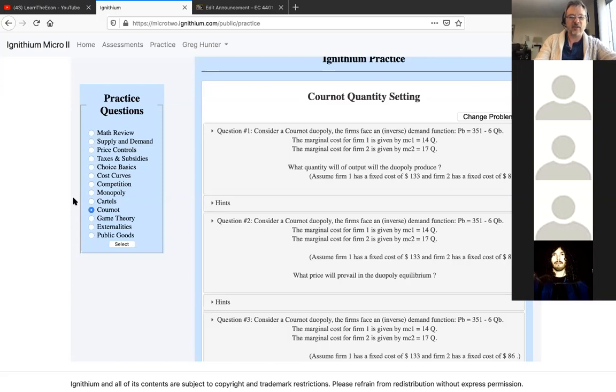It's going to be 351 minus 6, and remember, I'm going to put Q1 in little wings to designate that it's a constant, minus 6Q2, like that. That's really all the work right there.